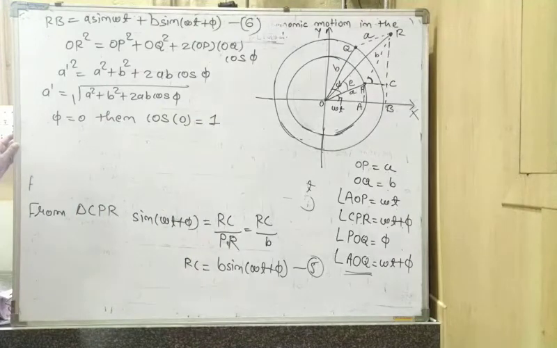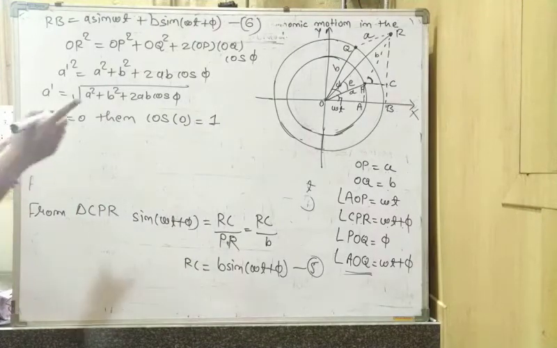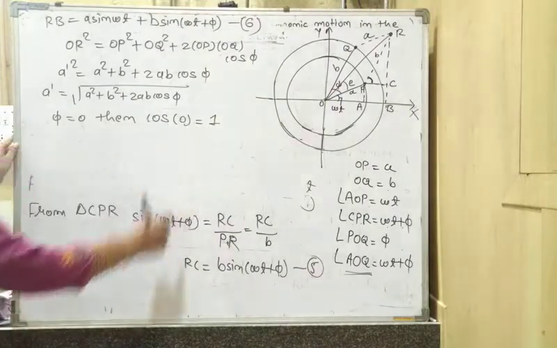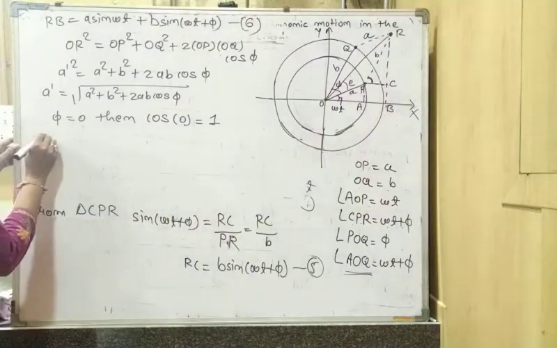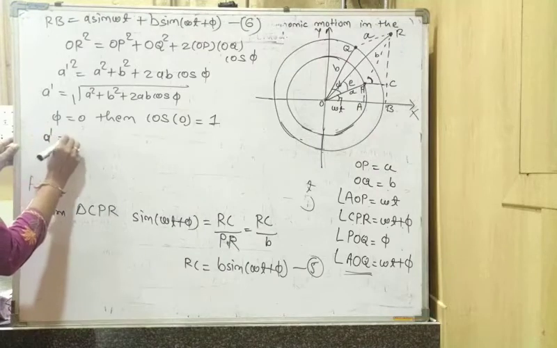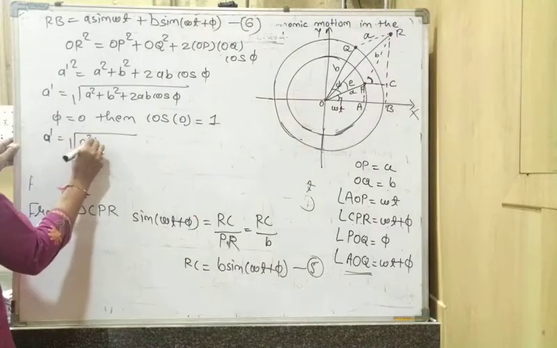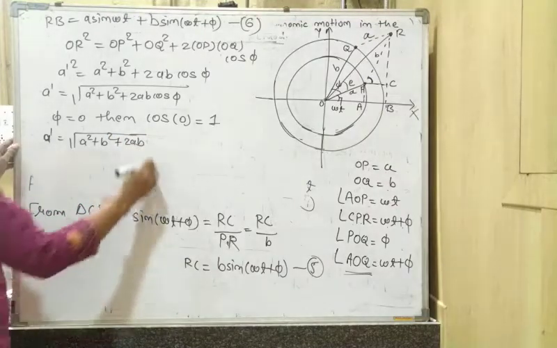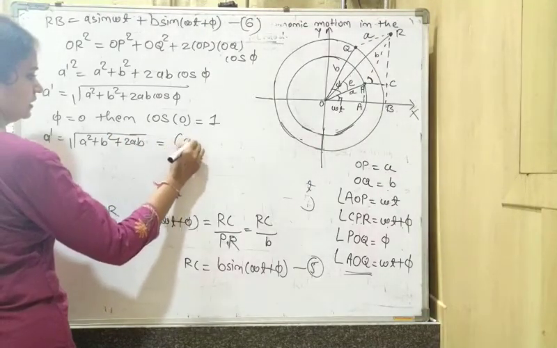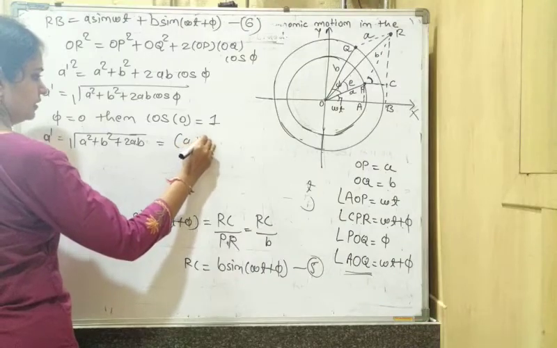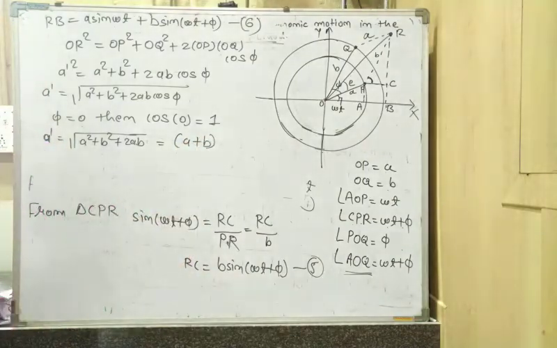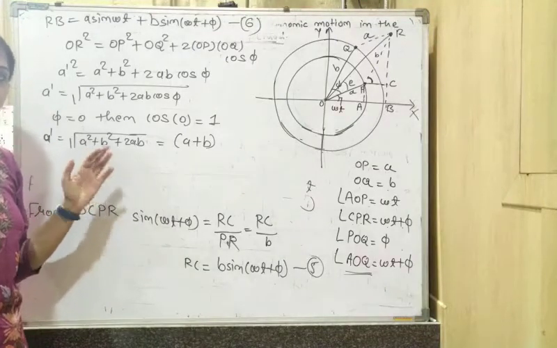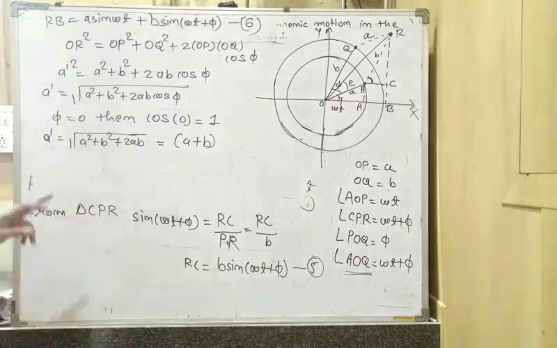Suppose we have no angle between the two points, that is P and Q. Then A dash is equal to the square root of A square plus B square plus 2AB. So it is A plus B whole square, and taking the square root removes the square. So that is A plus B.